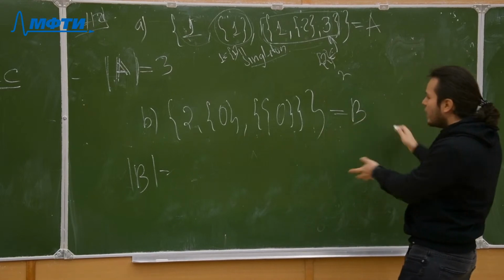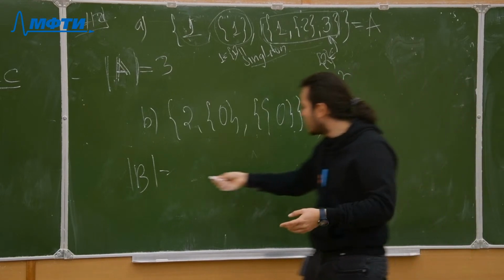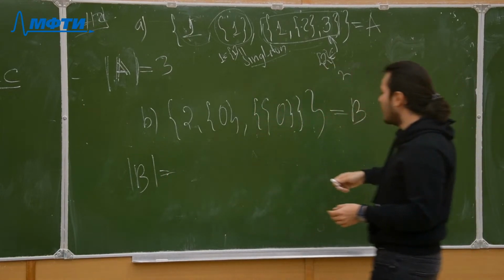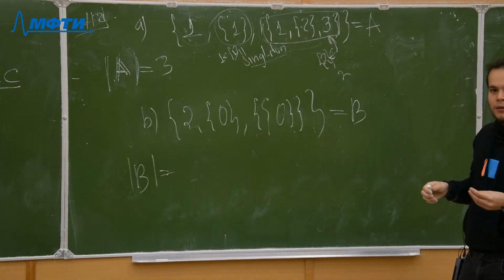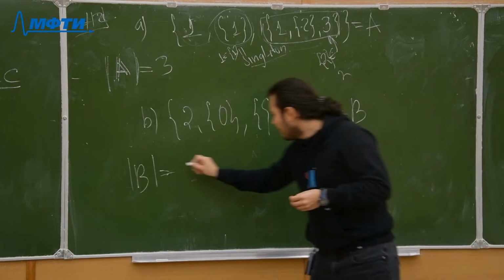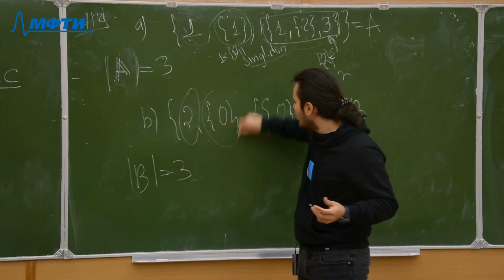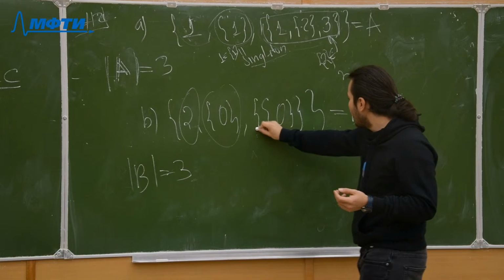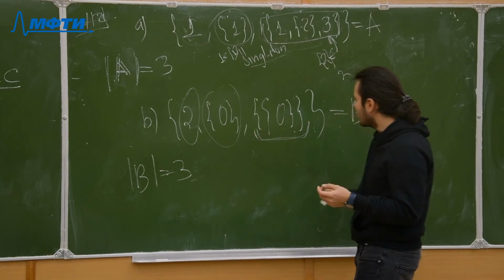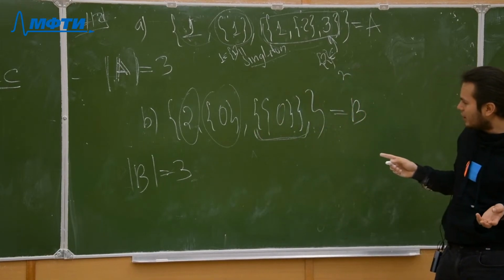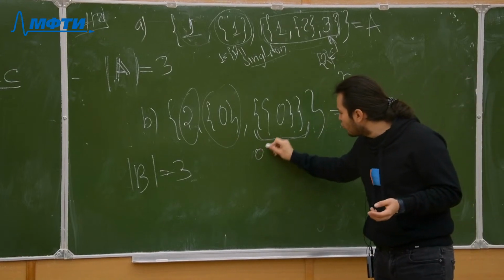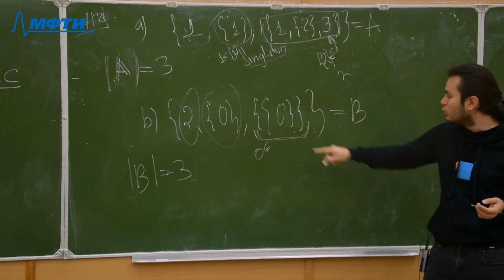What about B? For B, how many elements do we have? 3. So we have this. We have the singleton for 0. And then we have this, right? So this is just one element, right? And tell me, does 0 belong to this set?